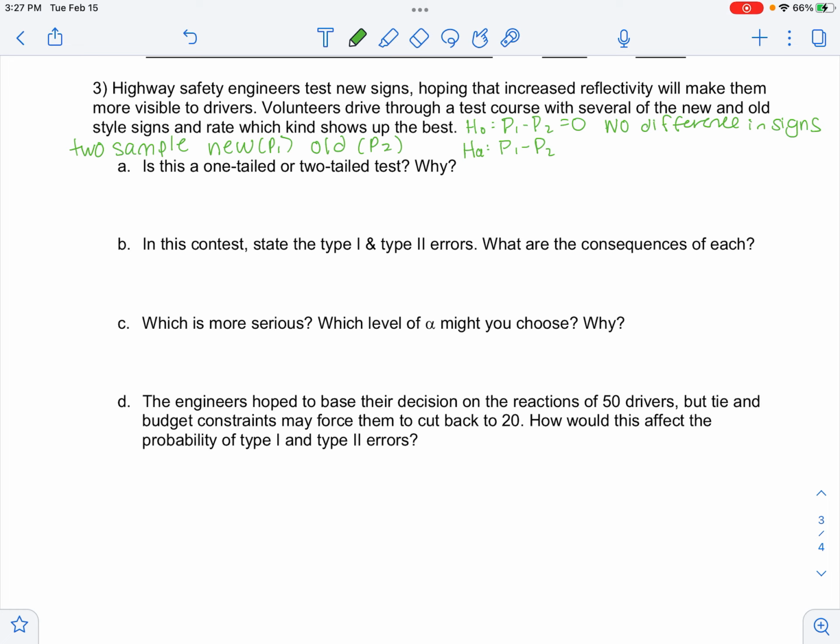So it says we rate which kind shows up best. As you read this, well, it says that highway safety engineers test new signs hoping increased reflectivity will make them more visible. So right there, this sentence here, that sets up that we want the new to be better. So if new is better, P1 is larger, P1 minus P2 should be greater than 0.